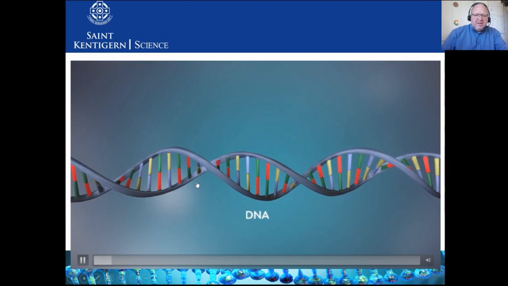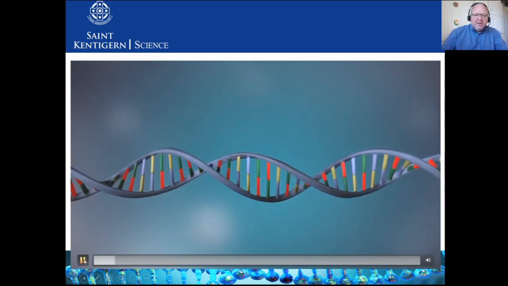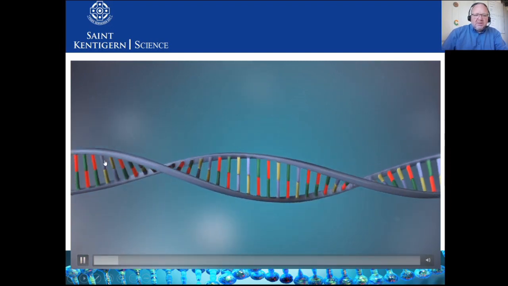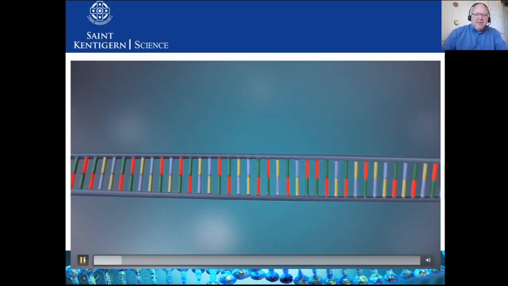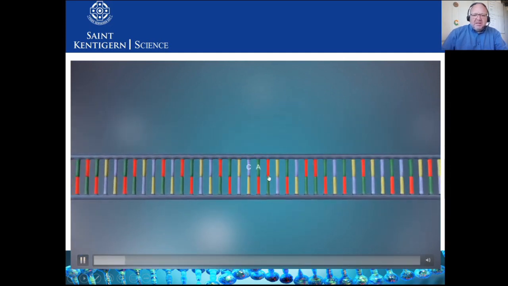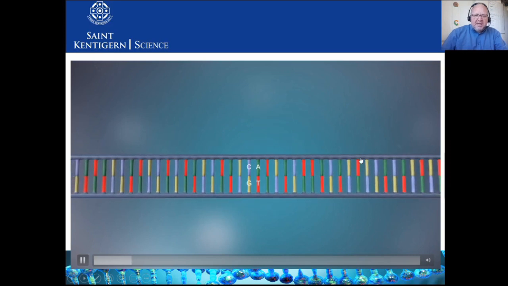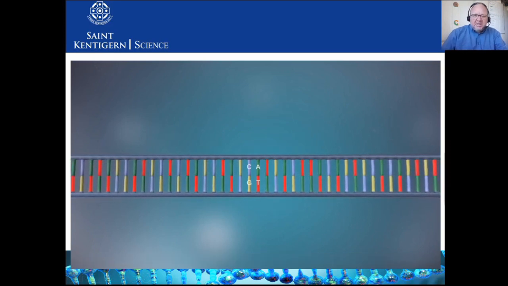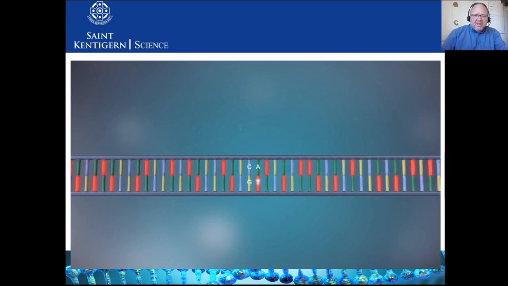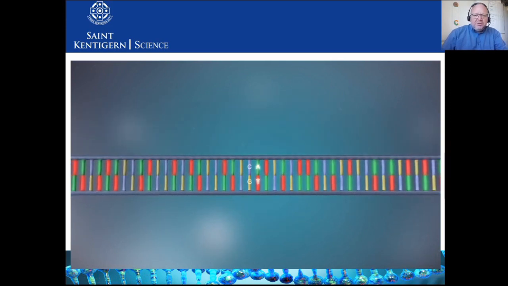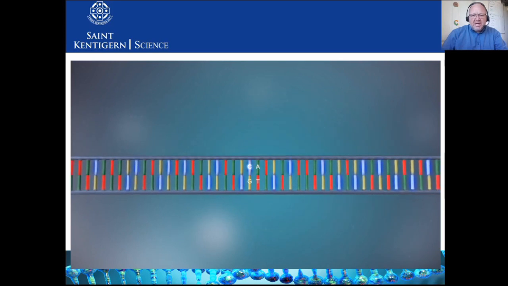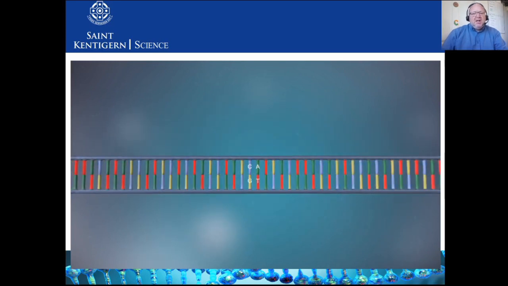So along comes an enzyme, and this enzyme will now uncoil it and also separate the 2 strands. Now, for interest's sake, this enzyme's name is helicase because we have a helix, so it's a helicase. And as I mentioned earlier, usually an enzyme will have ASE, like protease, breaks down protein.